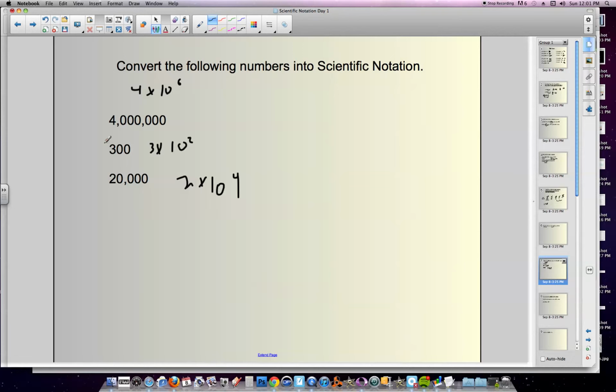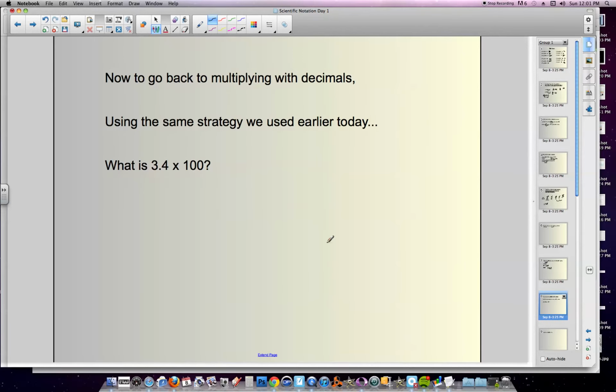Well, now we need to talk about what happens when we have a decimal coefficient here, right? We're going to tie all of this together. 3.4, that's really 3 times 100. I'm just going to say 3 times 10 squared, because we know 100 is 10 squared. And 4 over 10 times 10 squared. Yeah? And we can multiply this out.